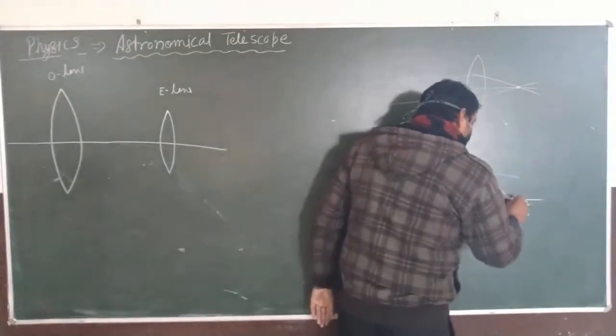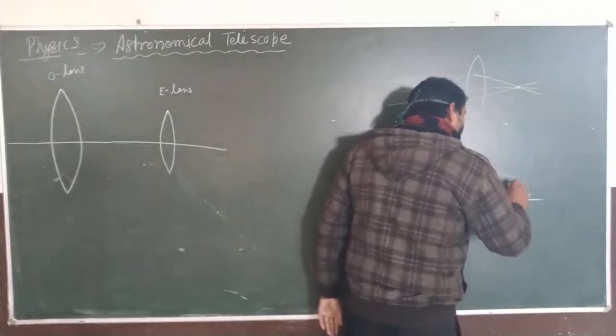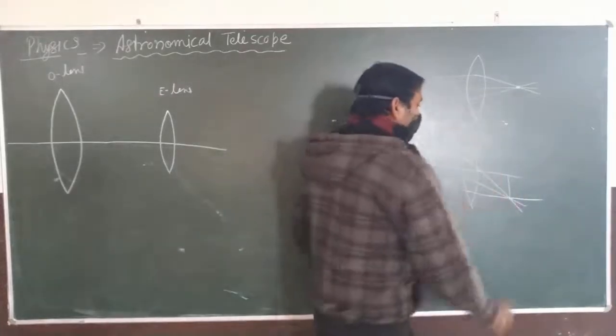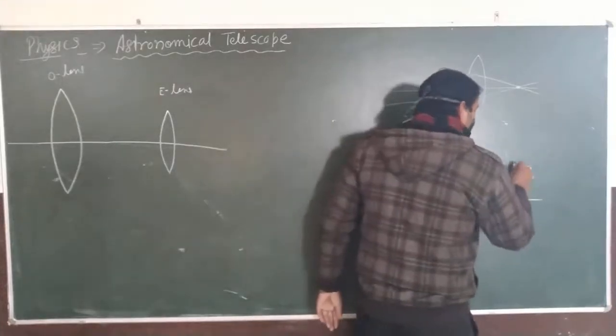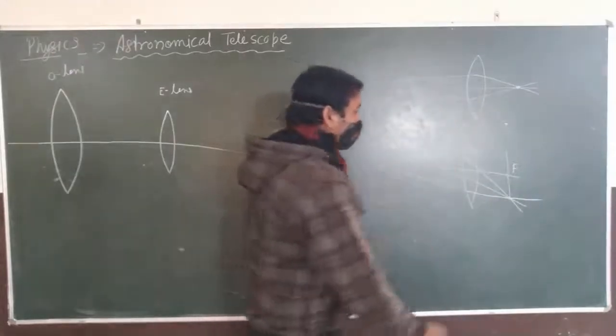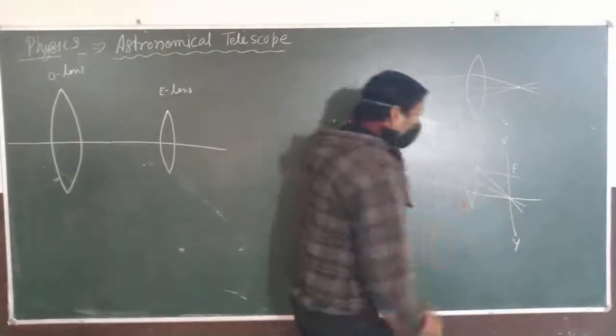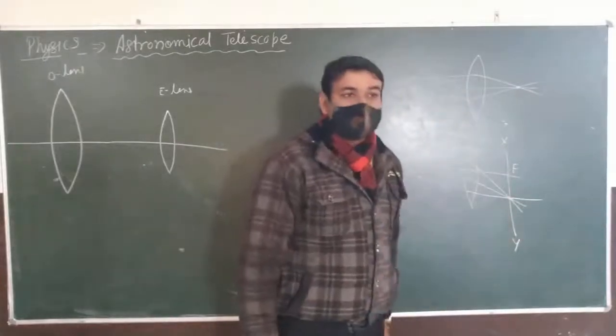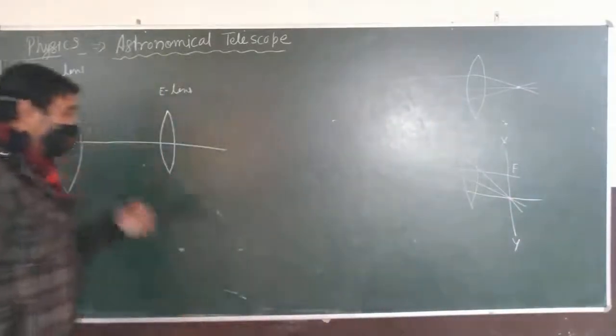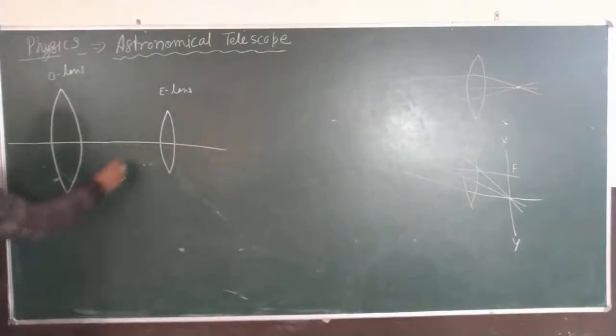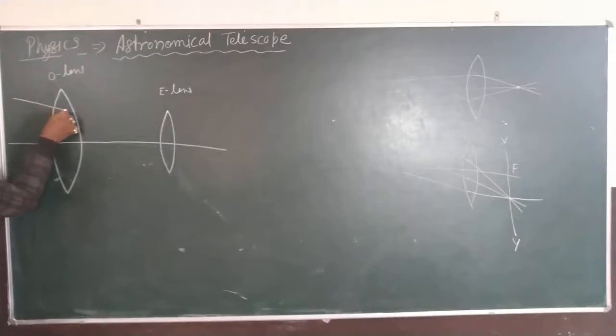When we draw a perpendicular on the principal axis, we find it intersects at F. So this line XY is called the focal plane. Now similarly, here the rays are coming parallel to each other but not parallel to the principal axis.